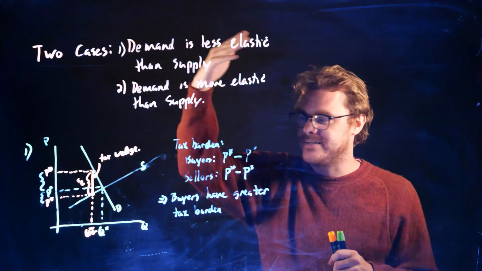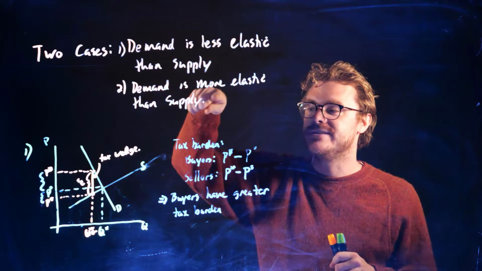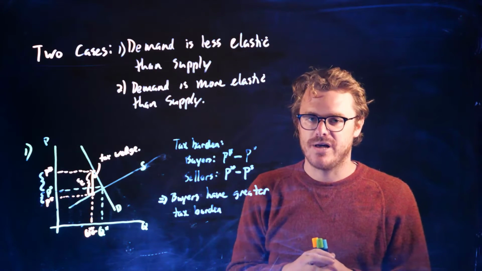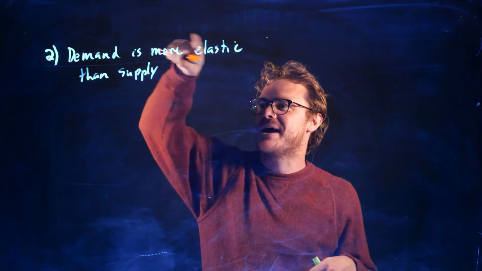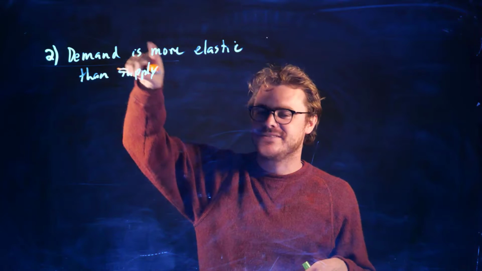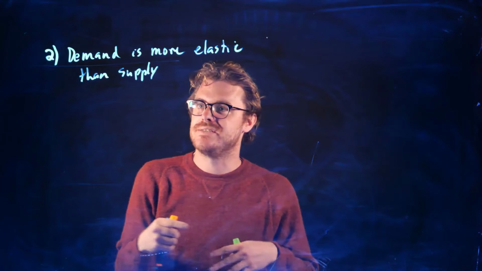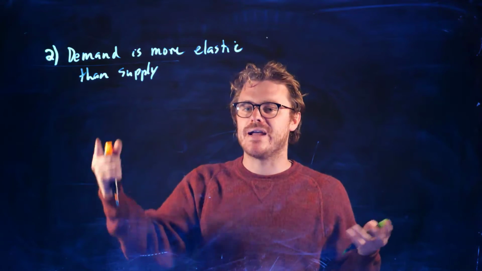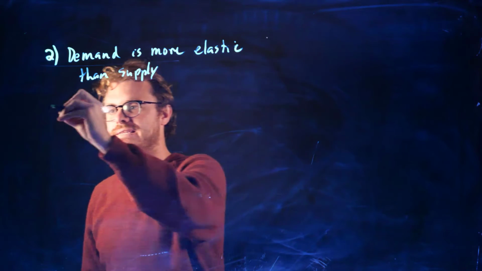You can probably already guess what's going on here, but let's look at this second situation where the demand curve is relatively more elastic than the supply curve. All right, I erased the whole board by mistake, but here's the second possibility. We just looked at when demand is less elastic than supply, and we saw the buyers pay more of this tax. Now we can think about what happens if demand is more elastic.